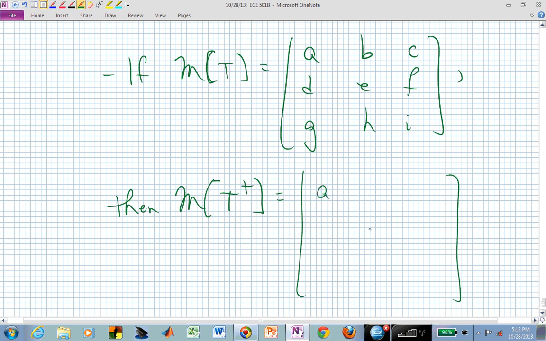We transpose it, so I'll do the hard part. The diagonal stays put, doesn't it? But now I need to conjugate it. B comes over here, and C comes down in the third row. D goes up in the first row, as does G. F comes down in the third row, and H jumps up into the second row, doesn't it?